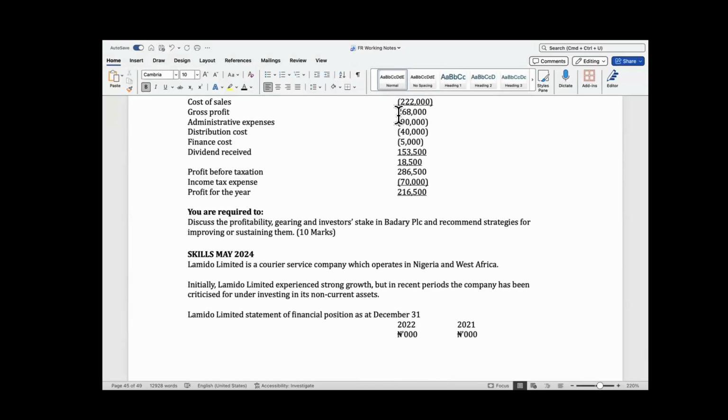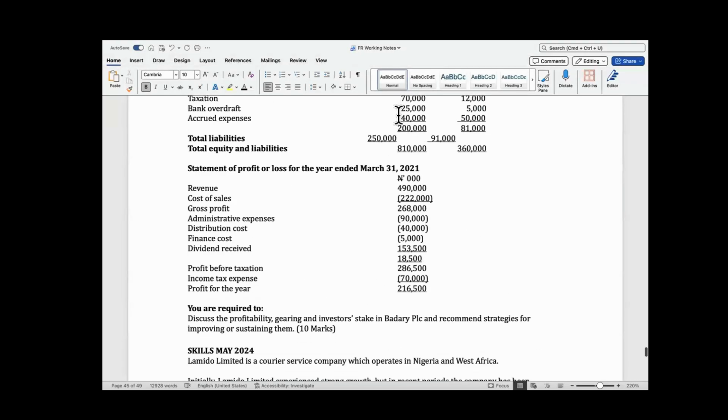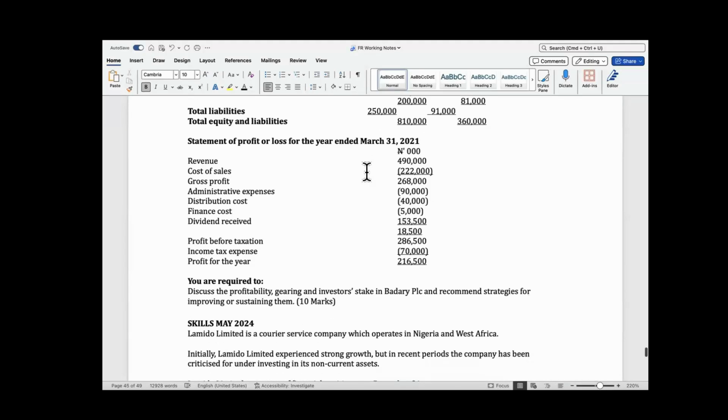We also have our statement of profit or loss for the year ended March 31st, 2021. You are required to discuss the profitability, gearing and investors' stake in Badagry PLC and recommend strategies for improving or sustaining them. 10 marks.